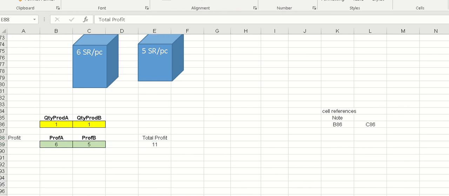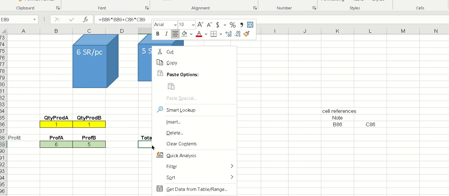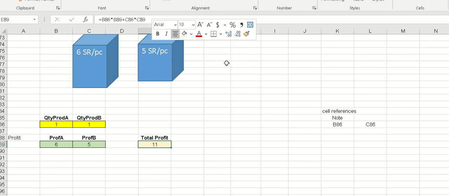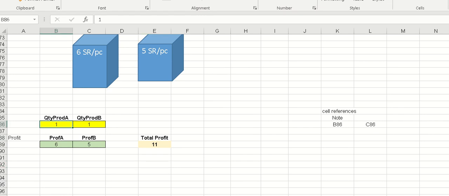So now I'm going to highlight that again. And this one would be a result. I put them in orange. These are a result of a computation.